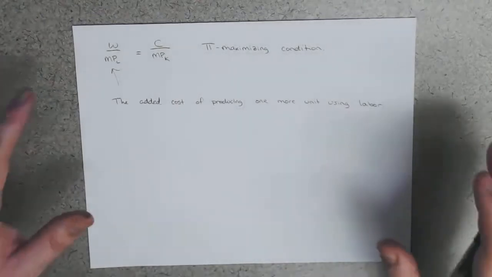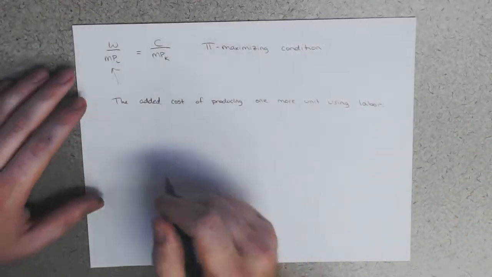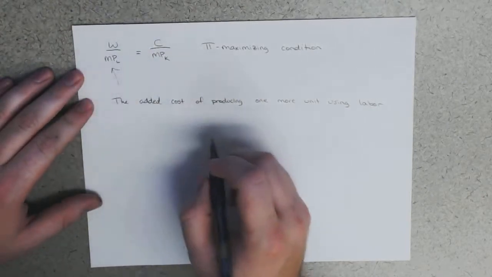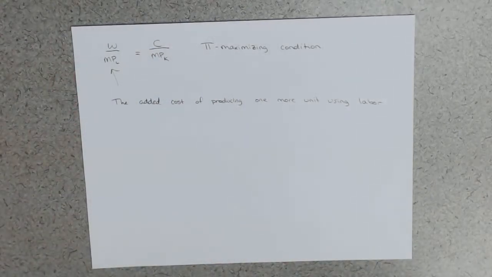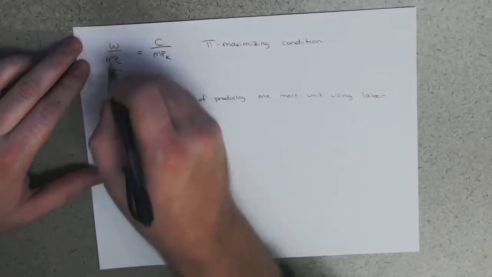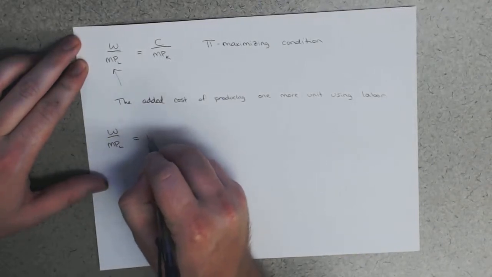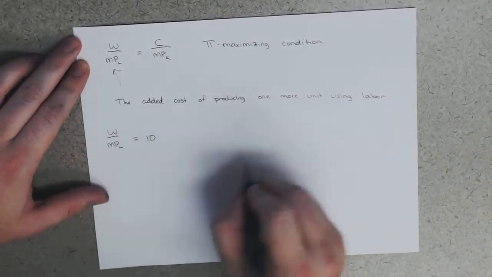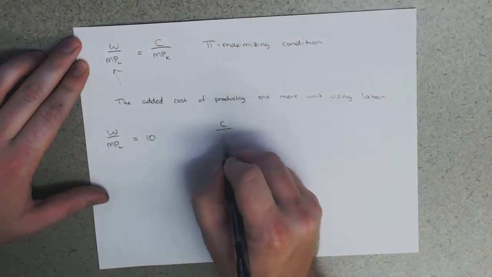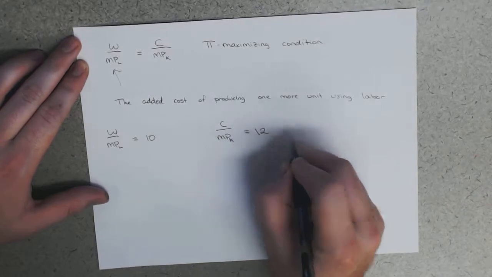Okay, so let's think about this in an intuitive way. Let's say that the marginal cost of expanding output by 1 using labor, W over MPL, is equal to 10, and that C over MPK is equal to 12.